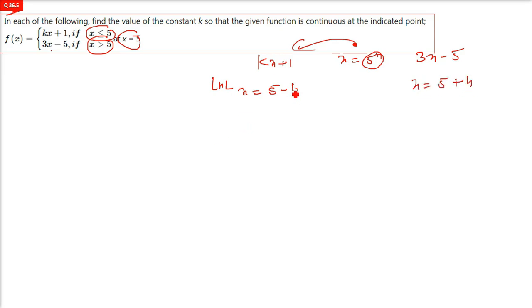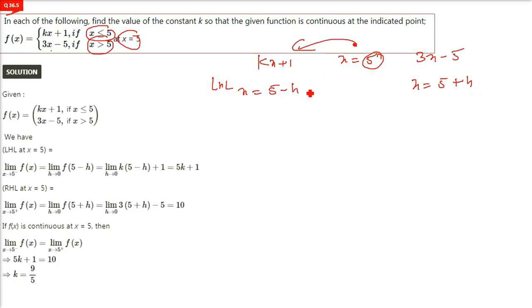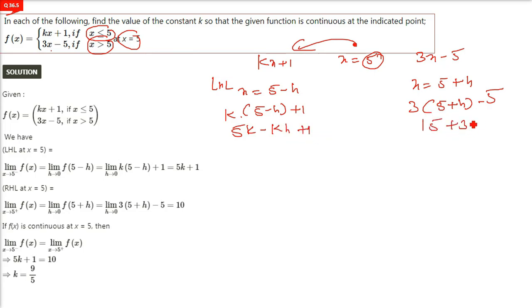So let us apply this. We'll find out the limit and equate it. So k into, in place of x write 5 minus h, plus 1, and here 3, in place of x write 5 plus h, minus 5. It is 5k minus kh plus 1. Here you have 15 plus 3h minus 5.